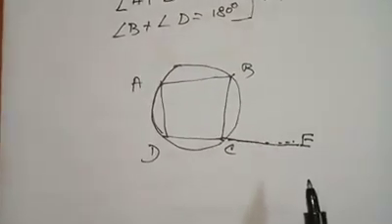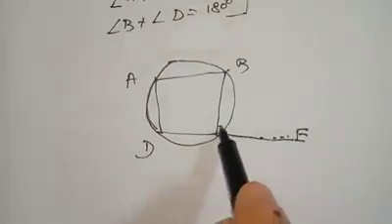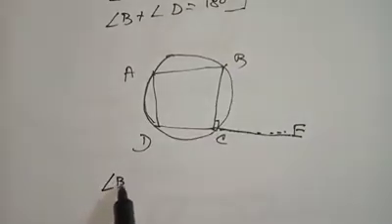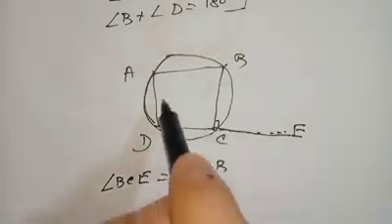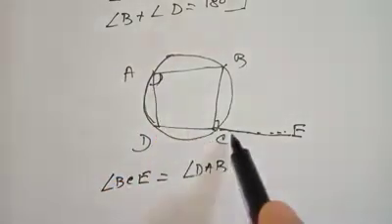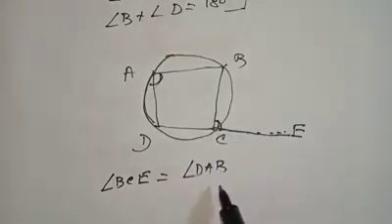So angle BCE will be equal to angle DAB. This one and this one are equal because exterior angle equals interior opposite angle.